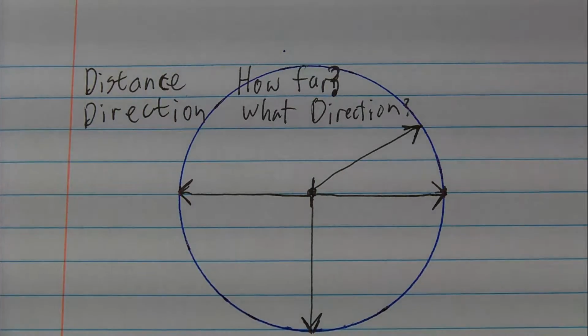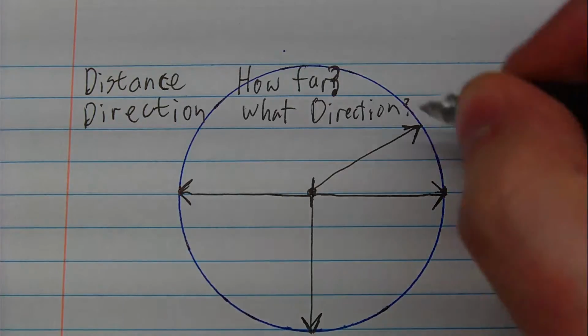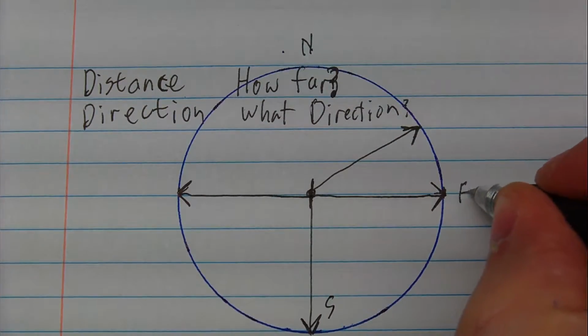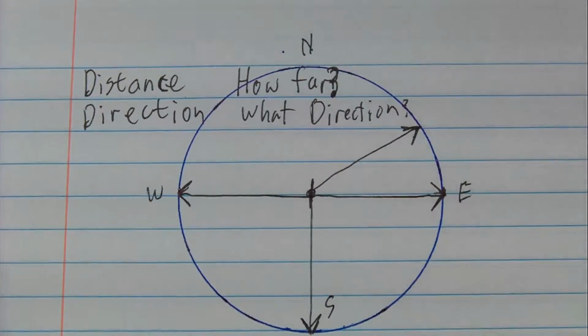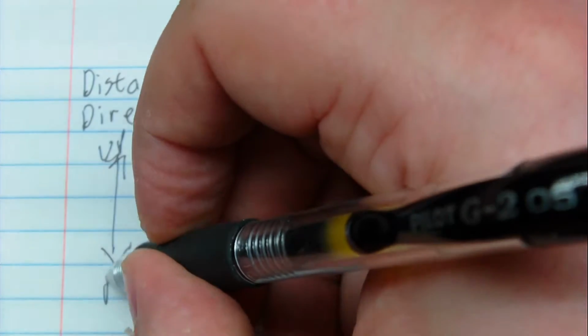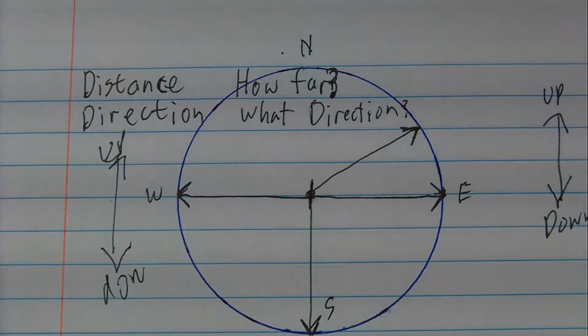Now when we are measuring, paying attention to direction, not distance, oftentimes we have, like a compass, a north and a south and an east and a west. I also have an up and a down. So those can make a big difference on where we're at.